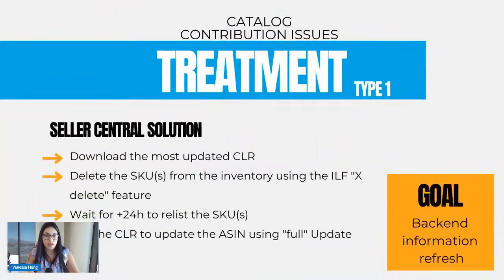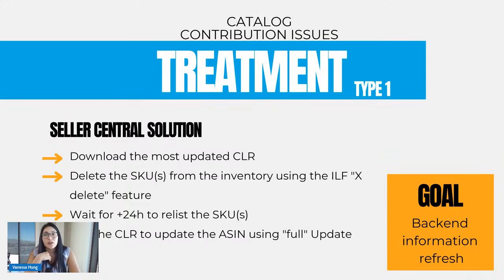The second thing is, for this specific data desynchronization, we are working with something that is not closing, or it's not reflecting in the front end. My first step is deleting this listing from the managed inventory with the inventory loader file X-delete feature.